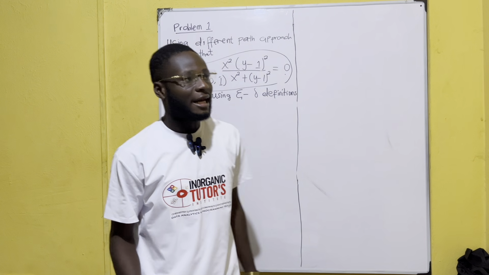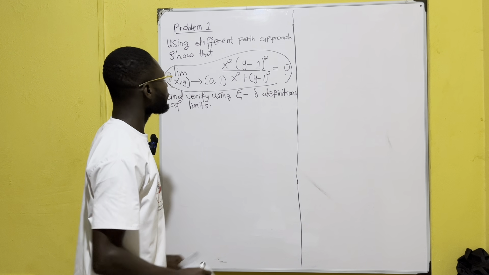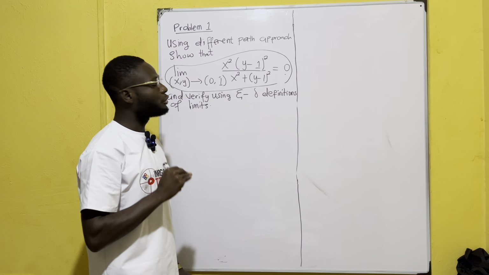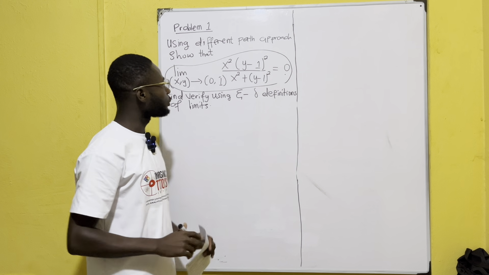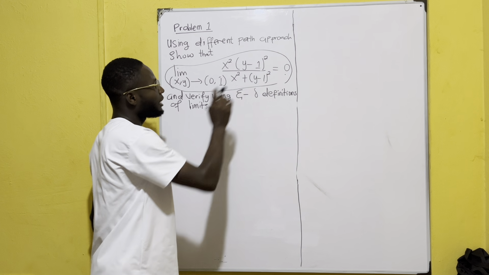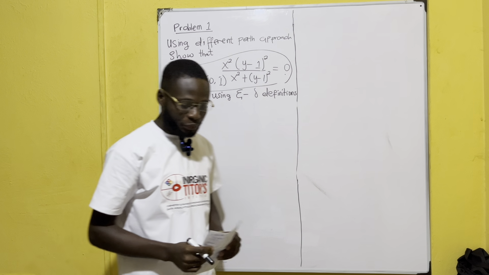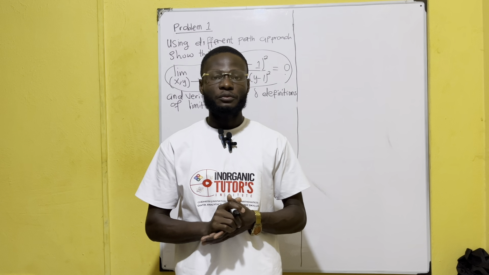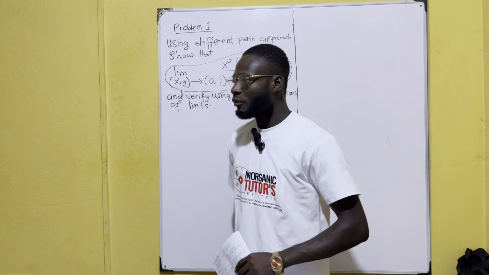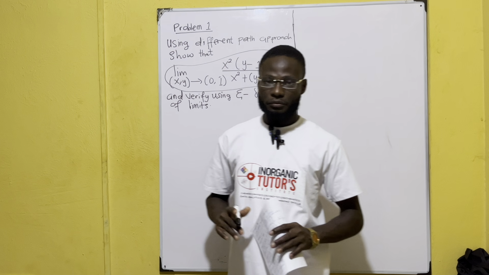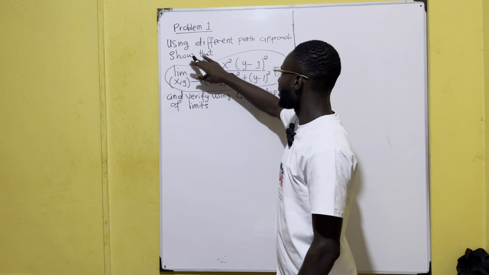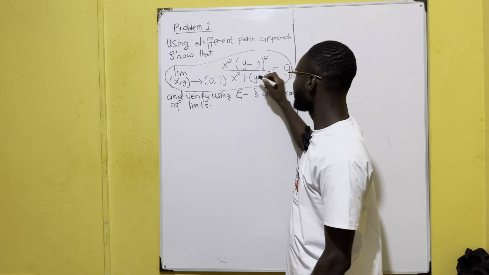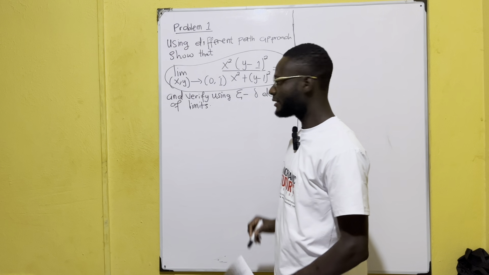Okay, so let's begin the process. As usual, if you want to use the different parts approach to solve a particular limit, then we are going to start with the different parts approach to show that this particular limit is equal to 0, right?